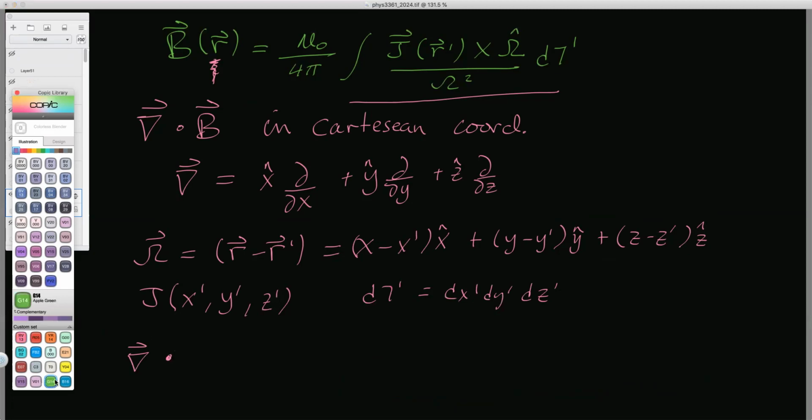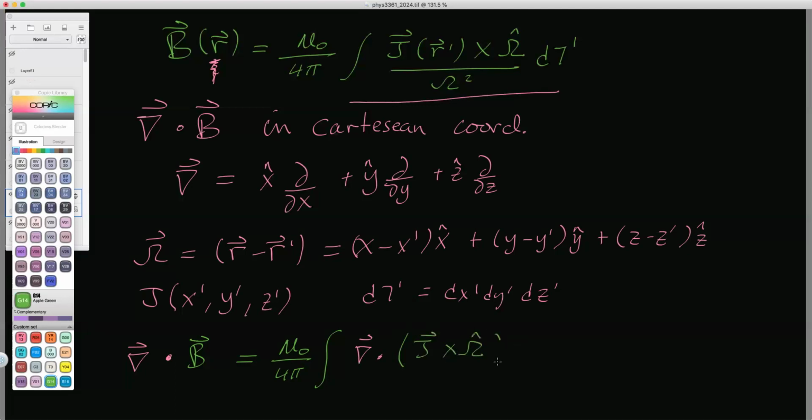Okay, so del dot B is going to be equal to del. Now it's not prime, right? I can bring it right into the integral. You agree? Why not? Okay. Mu 0 over 4 pi and the integral, and now I'm going to have del dot, and then this vector quantity here, which is of course J cross omega hat.